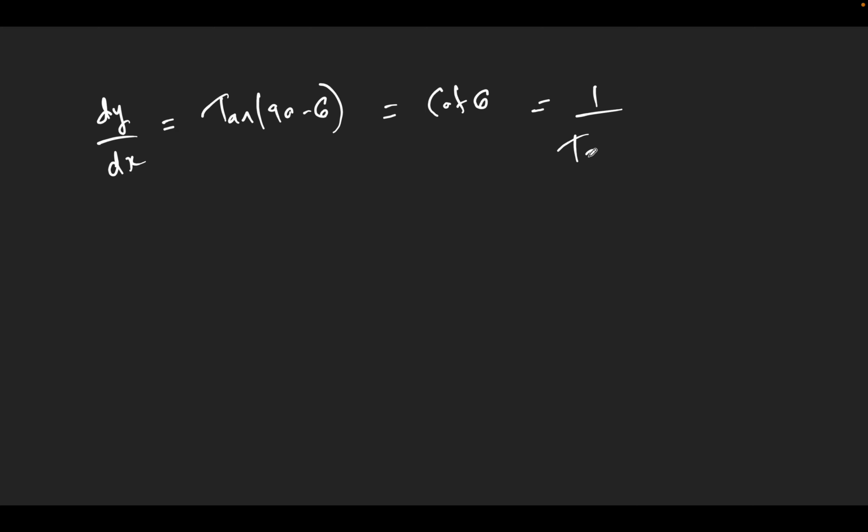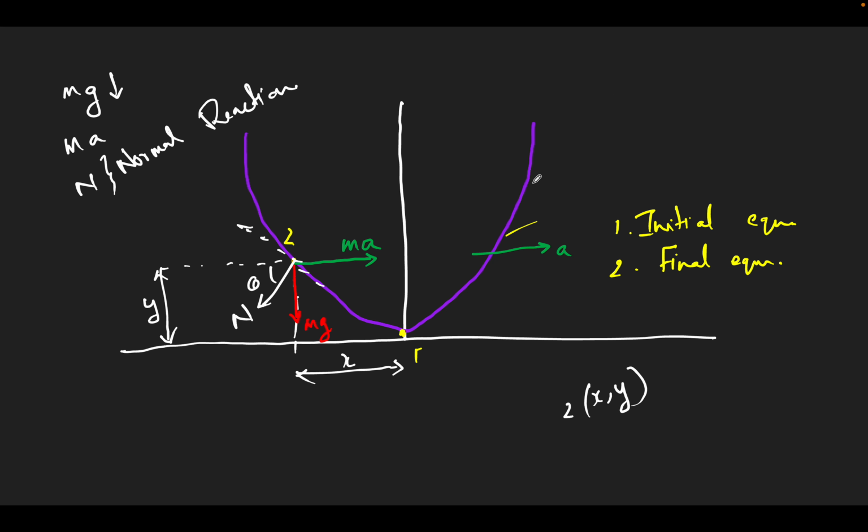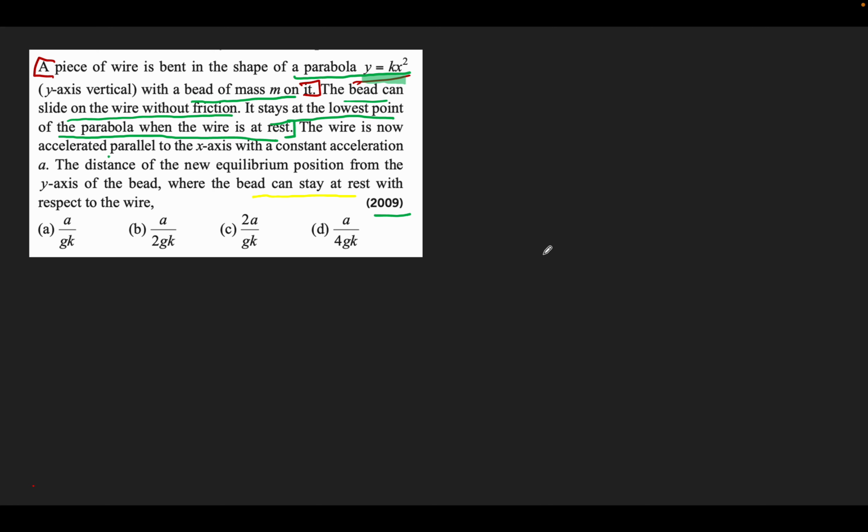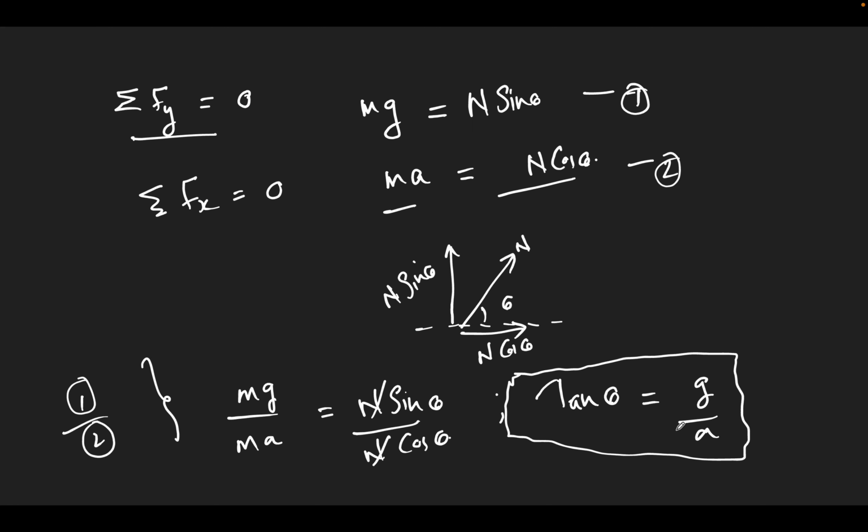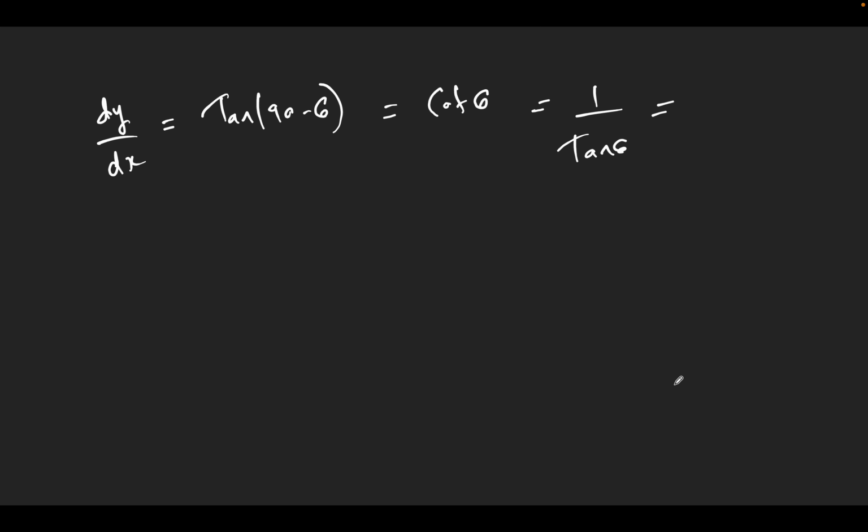So dy by dx must be equal to tan(90 minus theta). That is cot theta, that is 1 by tan theta. We already obtained tan theta as g by a. So cot theta must be a by g, right?